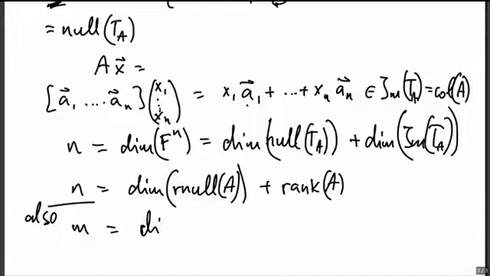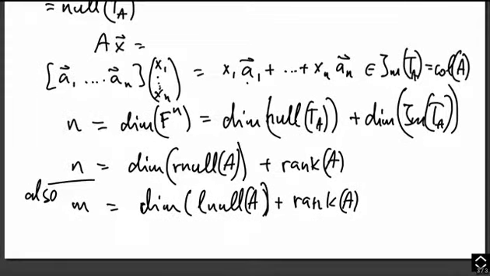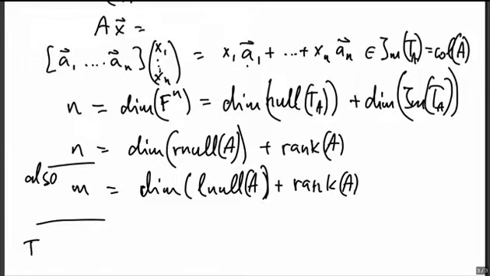Then what we get is the dimension of the left null space of A plus the rank of A. It would be the rank or the dimension of the row space, but it's the same as the column space dimension. I will state this next theorem without proving it.